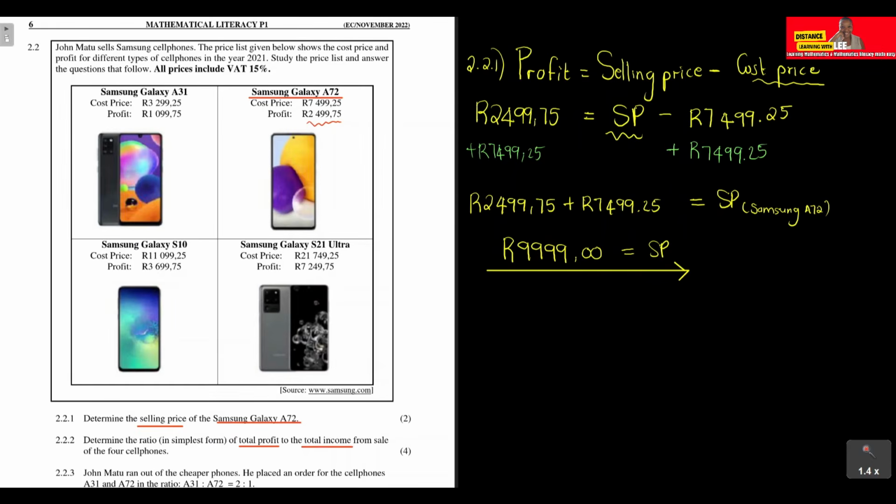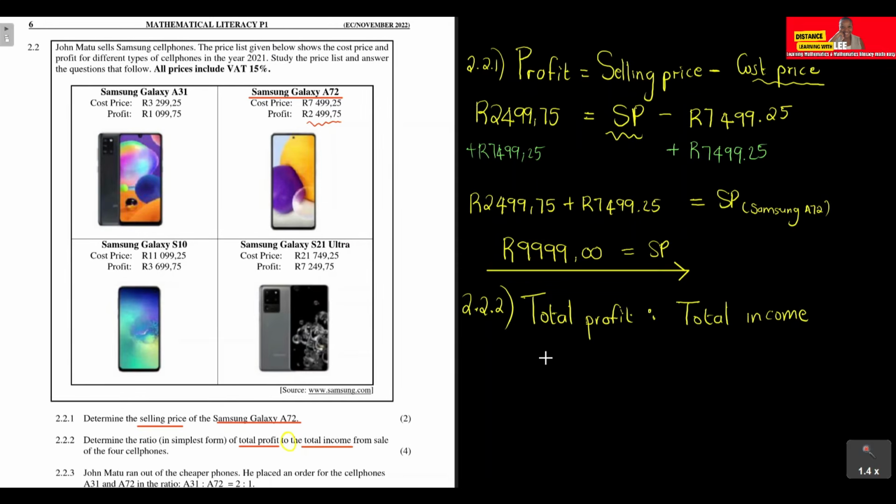It tells you to determine the ratio in the simplest form of the total profit to the total income. So let me just write it down. This is question 2.2.2. We want the ratio of the total profit to, and that word "to" says we put our colon, the total income, in simplified form.